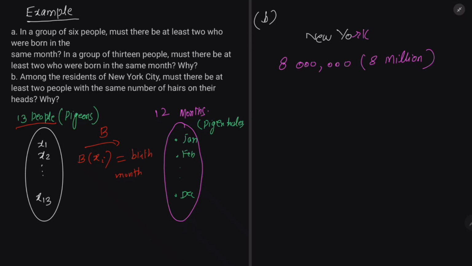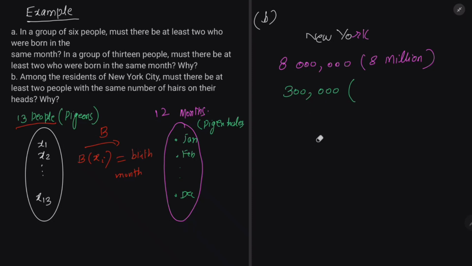Now, according to some study, the maximum number of hairs on any person's head can be 300,000. That is, a person has at most this number of hairs or fewer.